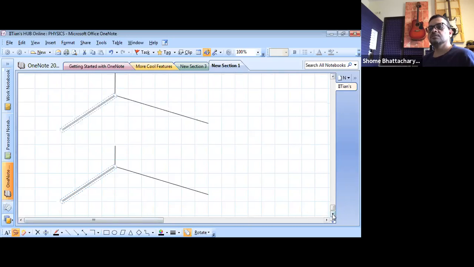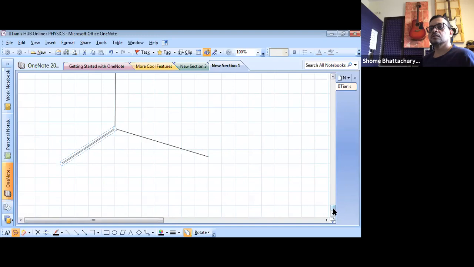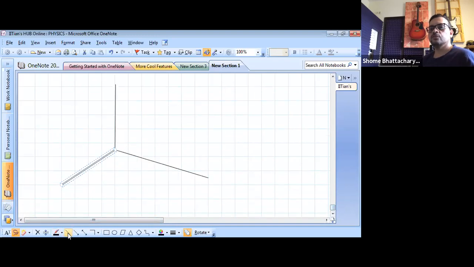Now suppose I am using them to construct a box like I did before.